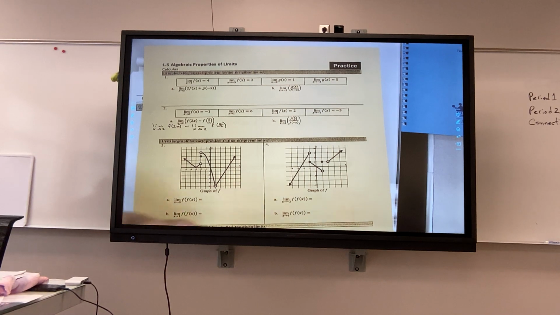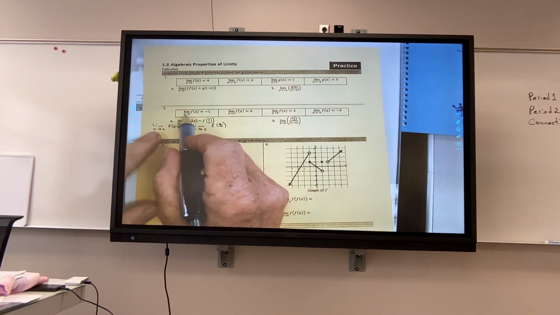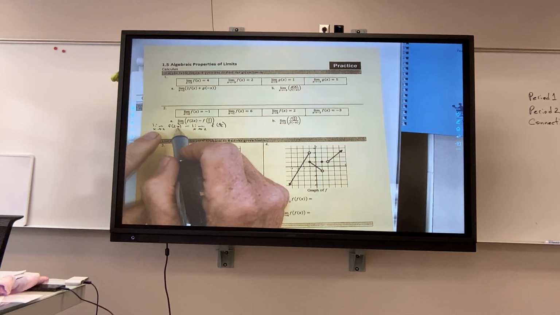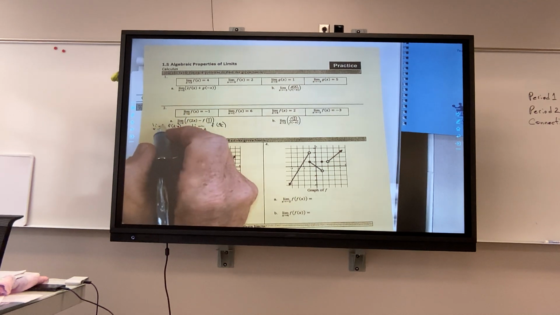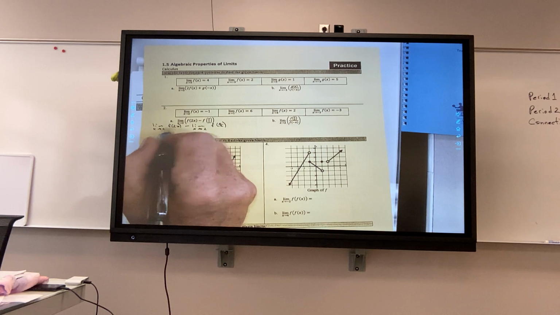Now, when I look at this, I have the limit as x approaches 2 of f of 2x, so we multiply the x. So we change x approaches 2 to x approaches 4? Correct. So if x is approaching 2, what I'm inputting into f is approaching 4, correct?